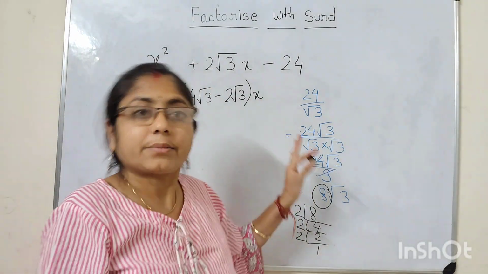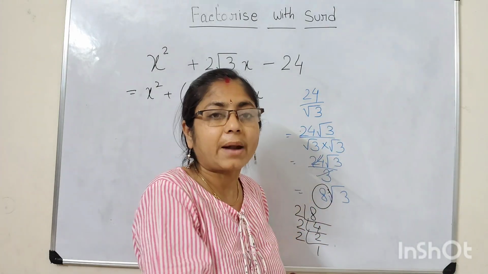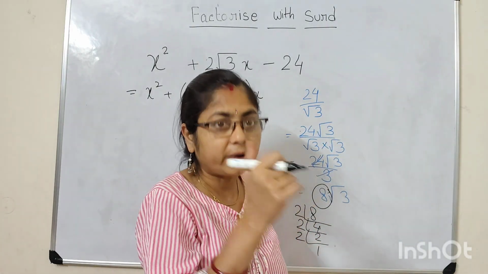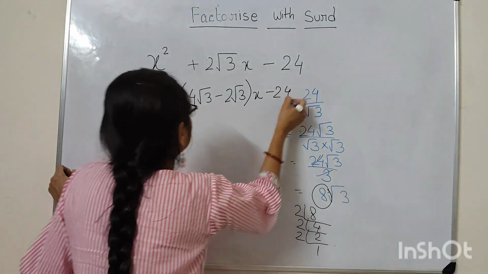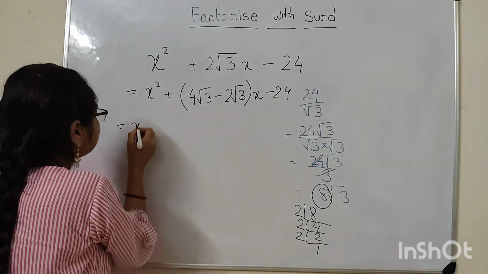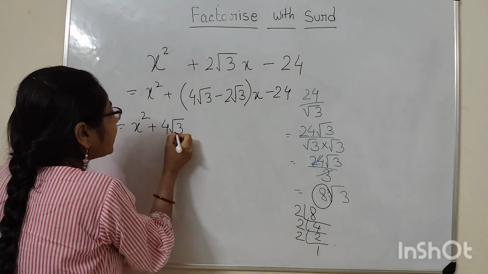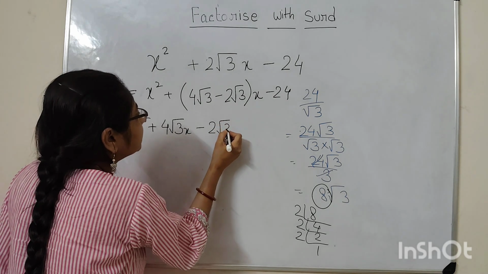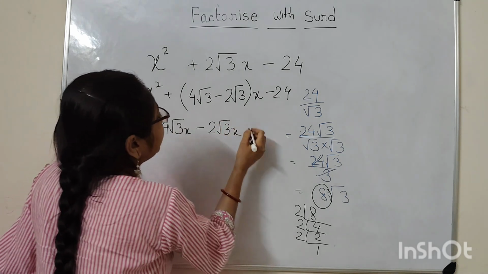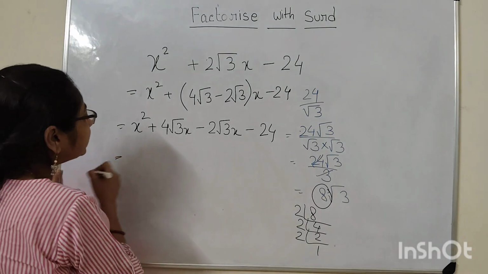It is a trick. Okay? Why did I teach you this? Because you can apply it in that math and you can write the math. After that, the normal method, you just remove the bracket. X square plus 4 root 3x minus 2 root 3x minus 24.